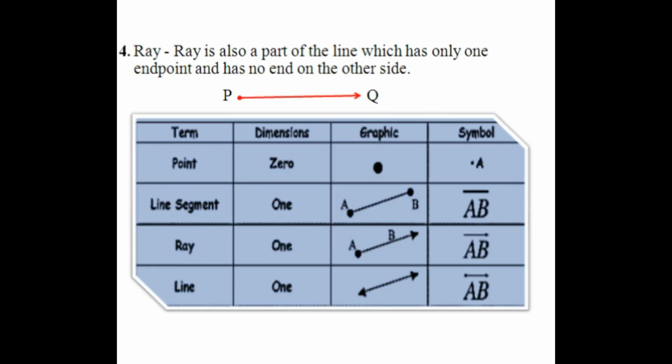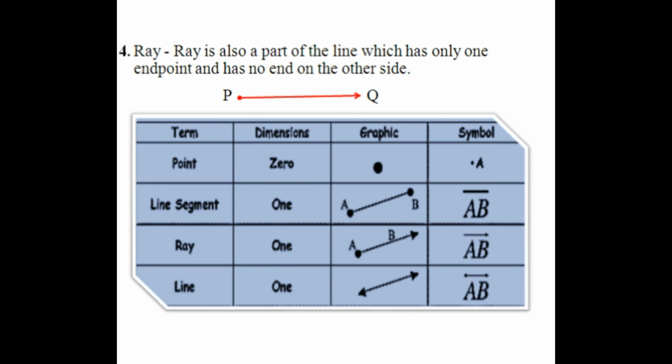Next you come to ray. A ray is also a part of the line which has only one endpoint and has no end on the other side. You see the diagram. The starting point is P. You have to keep only one point. Then you draw the line, and at the other end you give an arrow mark.